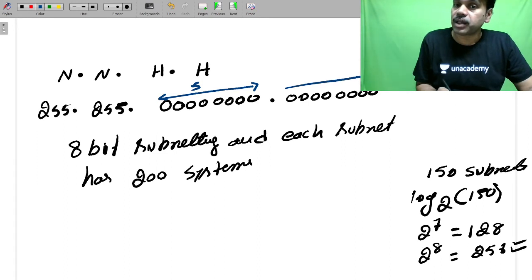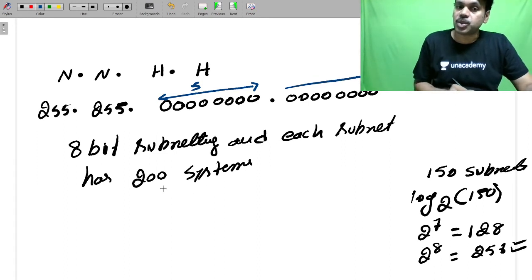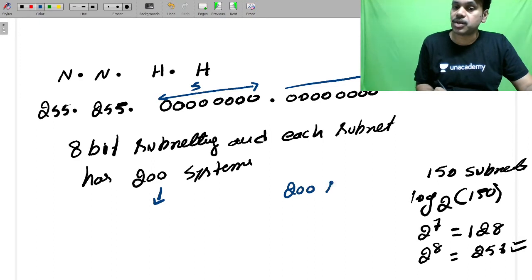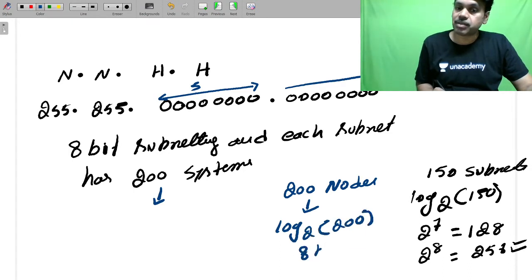And this one is completely for what? So 200 systems means, let us put it here, 200 nodes. So log base 2 of 200 is nothing but 8 bits for HID. That means 8 zeros required and 8 ones required.